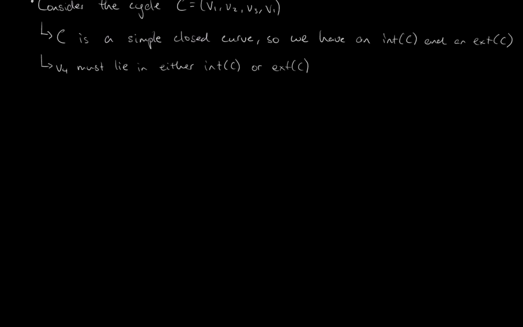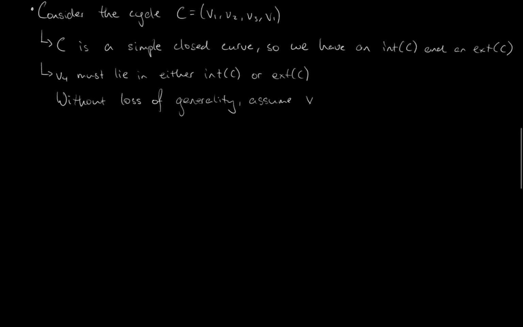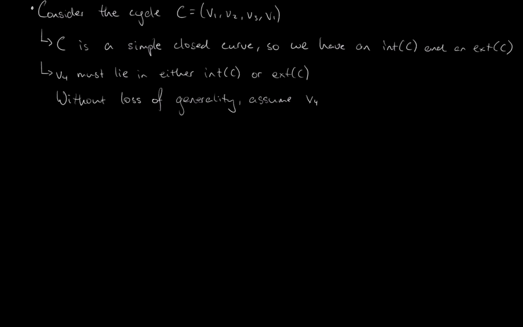So it's in either one. So you have the curve lies either here or here. So let's choose one for the sake of our proof. Without loss of generality, let's assume that vertex V4 lives in the interior of the cycle.